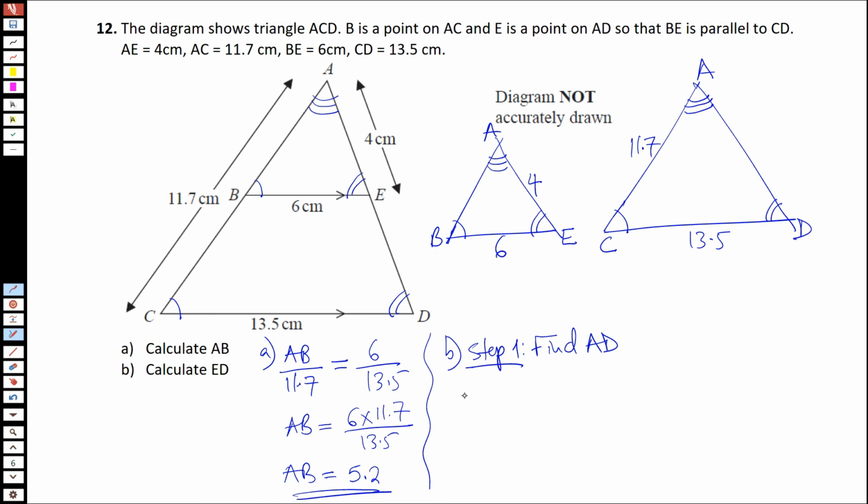So AD over AE, which is 4, should be equal to CD, which is 13.5, over BE, which is 6. So AD will be equal to 4 multiplied by 13.5 divided by 6. If you plug that in the calculator, that will be equal to 9.